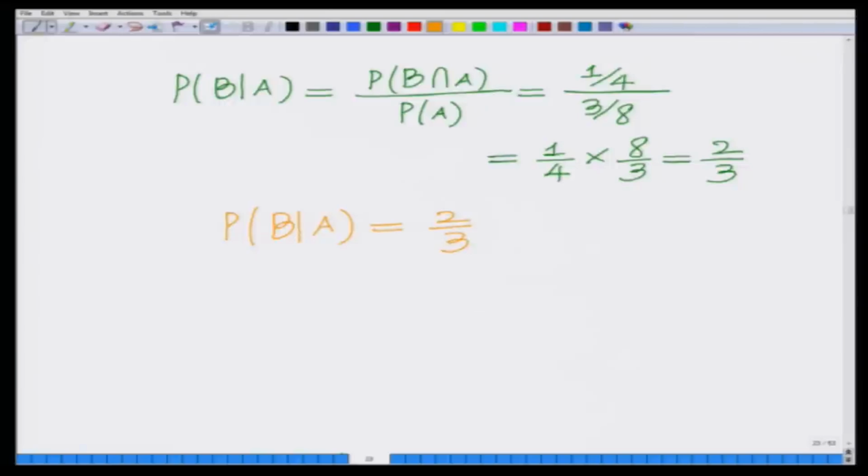Therefore, the conditional probability of B given A, or the probability of the event B conditioned on the event A, is 2 over 3.